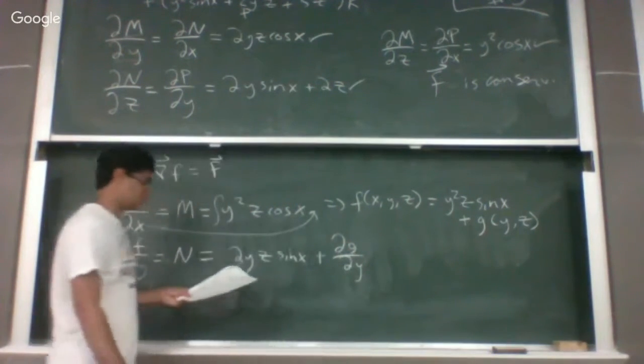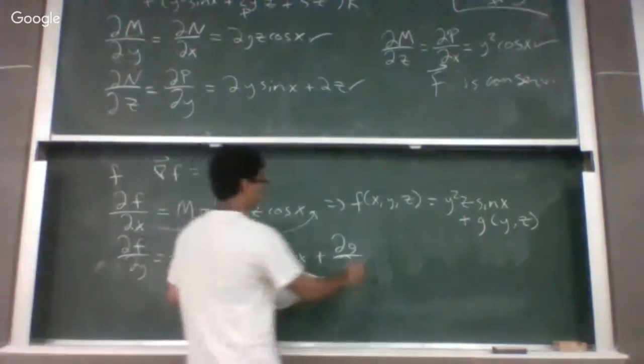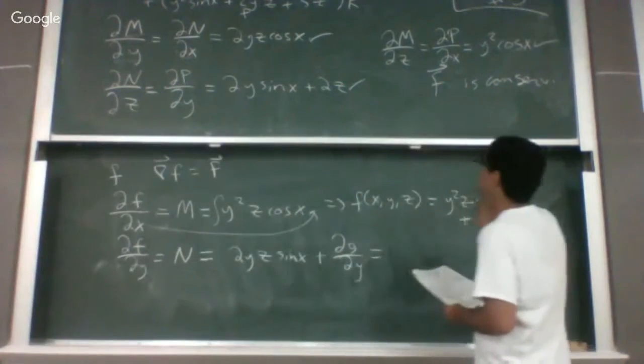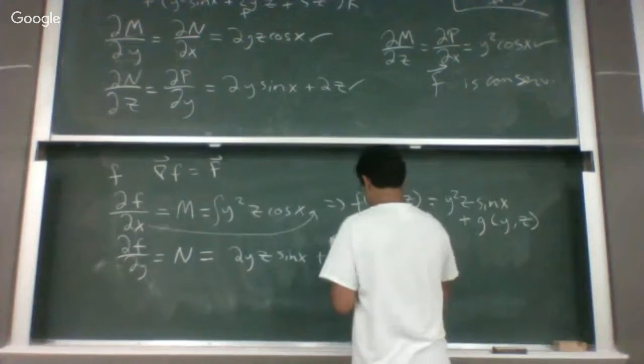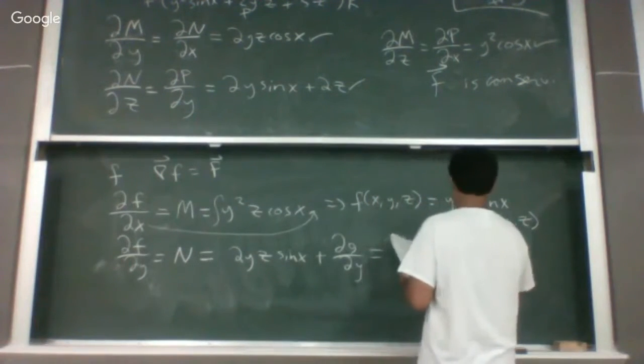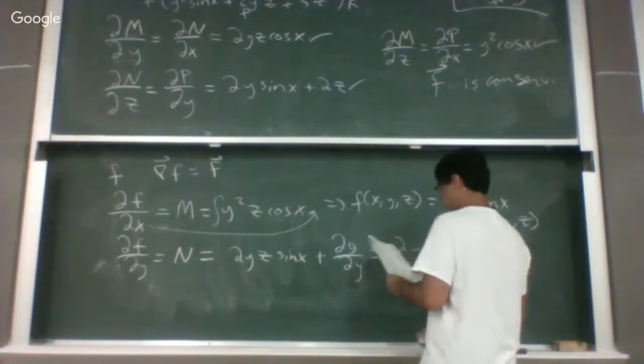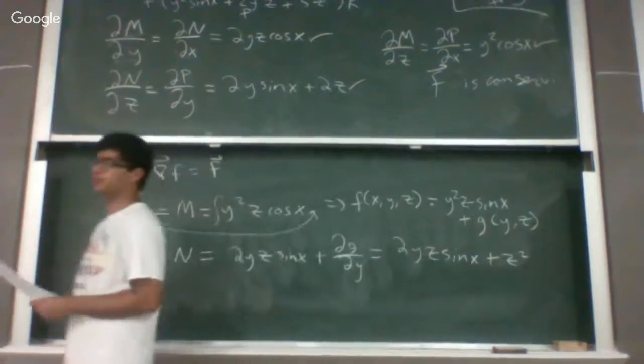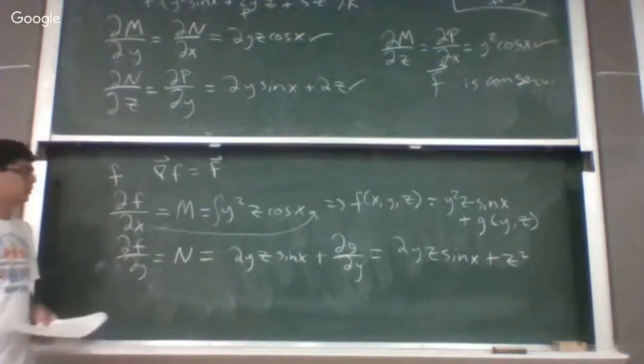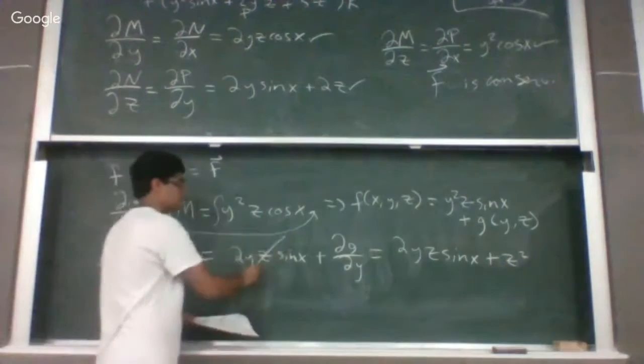And we set it equal to N, which we know from up there: 2yz sine of x plus z squared. We simplify that.